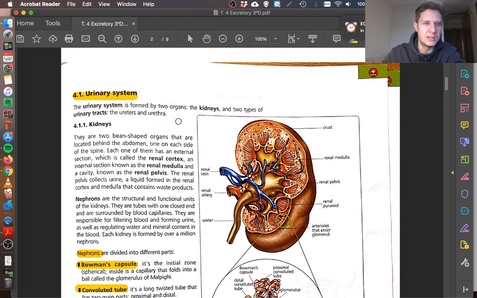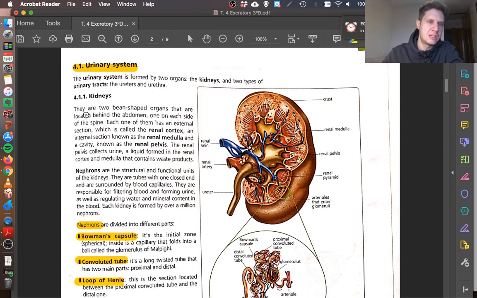Okay, so this is important. The urinary system is formed by two organs, the kidneys, and two types of urinary tracts, the ureters and the urethra. Kidneys are two bean-shaped organs located behind the abdomen, one on each side of the spine.